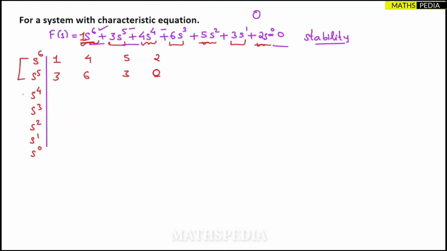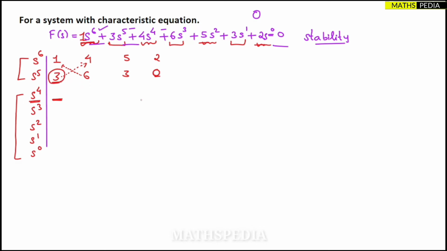Now what about the other rows? The other rows you have to find by multiplying. How to do the multiplication? Let us see. For s power 4 we have to write the element here. For this element, you have to multiply 3 into 4, always from bottom left to top right, and 1 into 6, divided by this element.